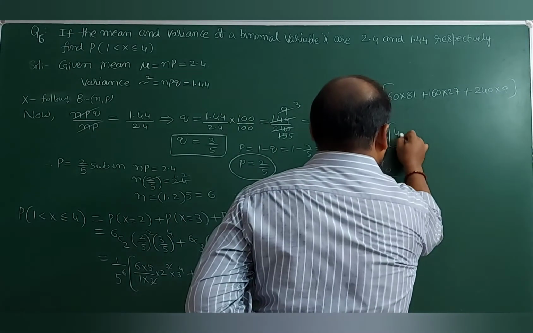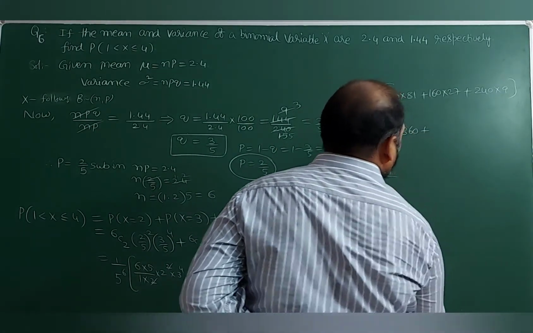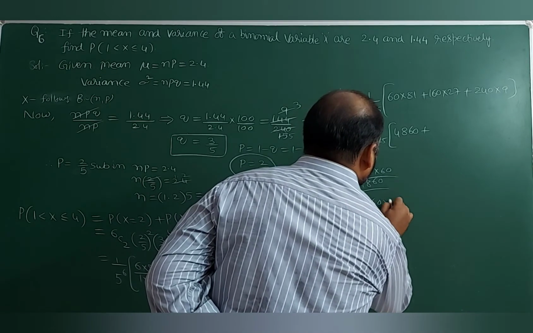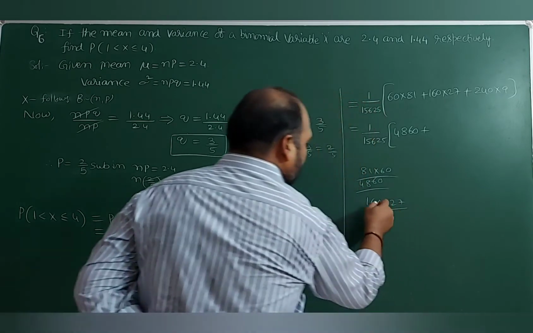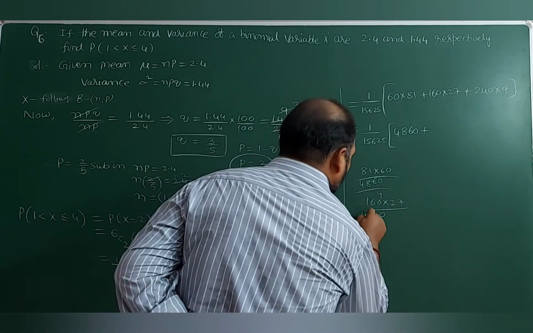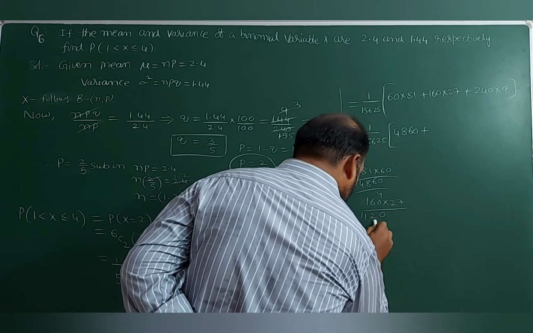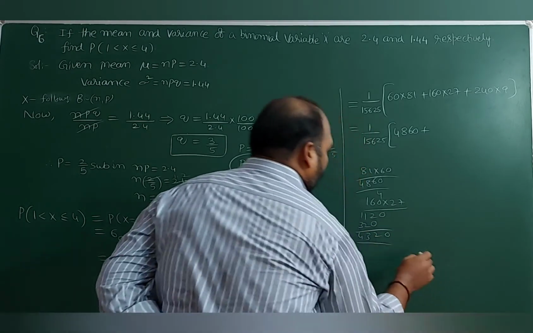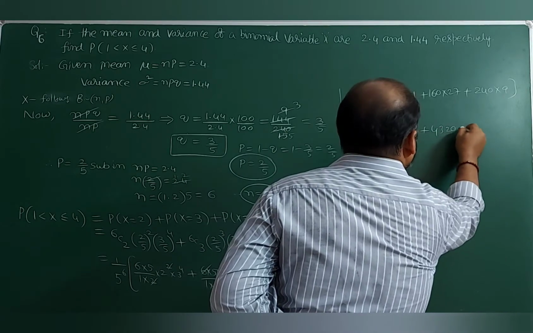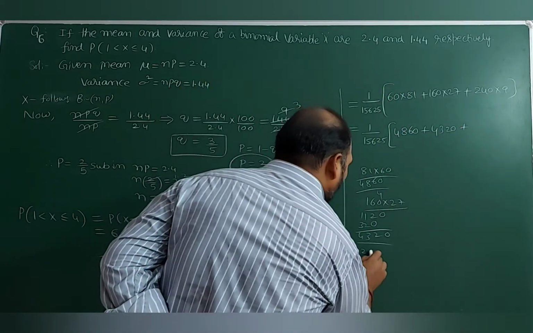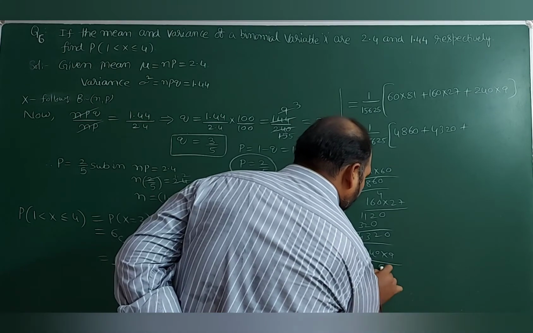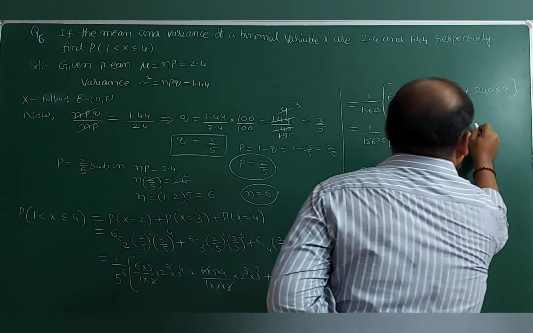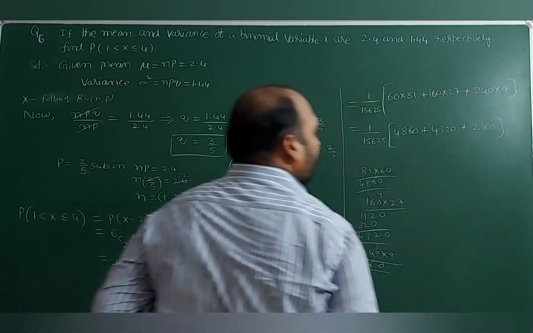So 4860 plus 160 into 27, so 4320 plus 240 into 9, so 2160.